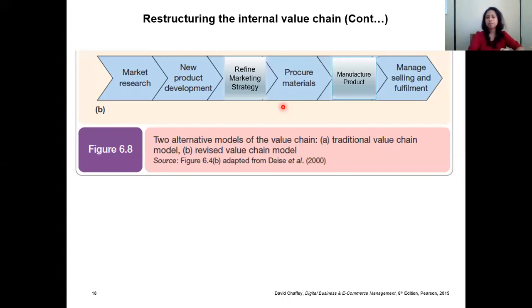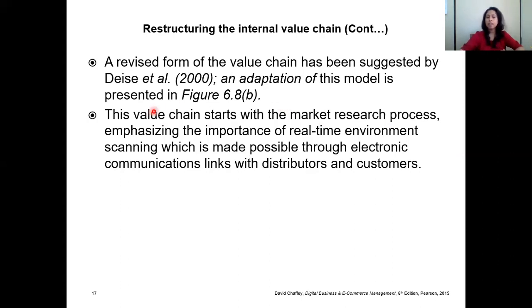So what does the next point say? This value chain starts with the market research process, emphasizing the importance of real-time environmental scanning, which is made possible through electronic communication links with distributors and customers.